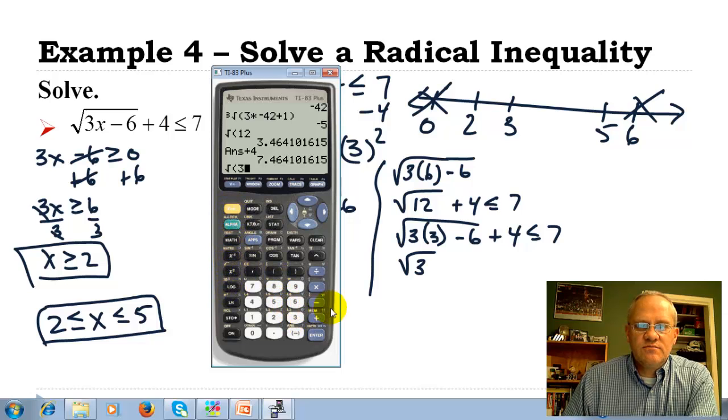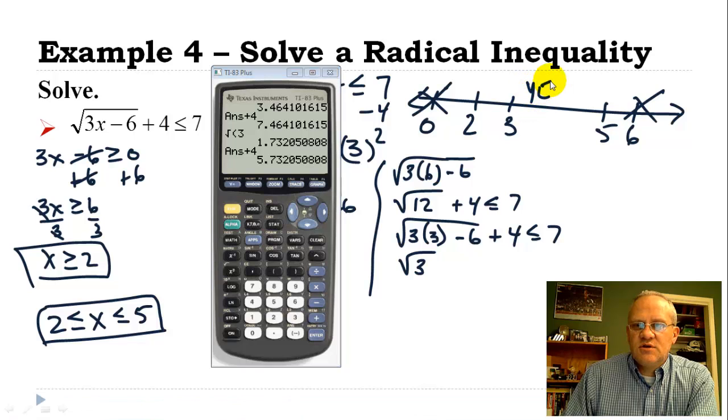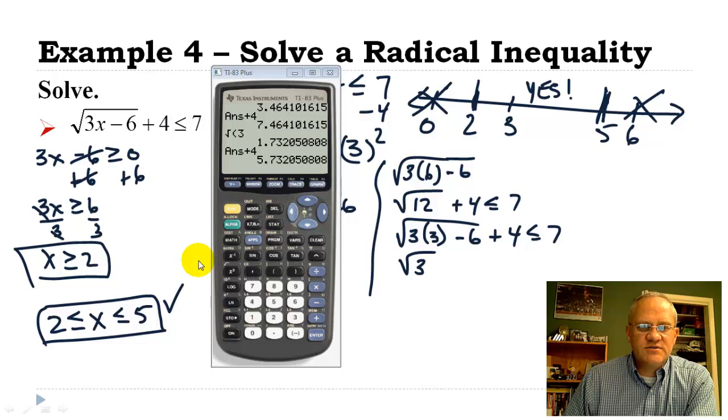Square root of 3 is approximately 1.73 plus 4. 5.73. Is that less than 7? Yes. And so this is where everything works here in the middle, in between 2 and 5. And so this is the correct answer here. X is less than 5 and also greater than 2.